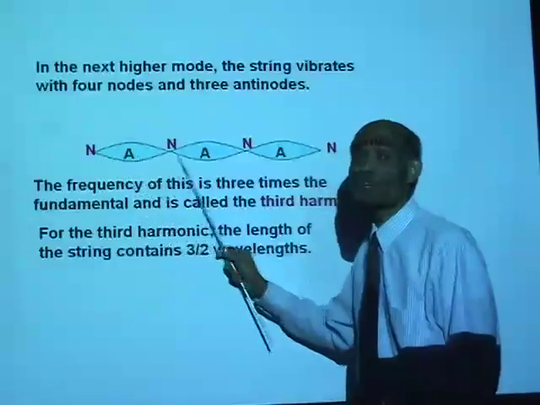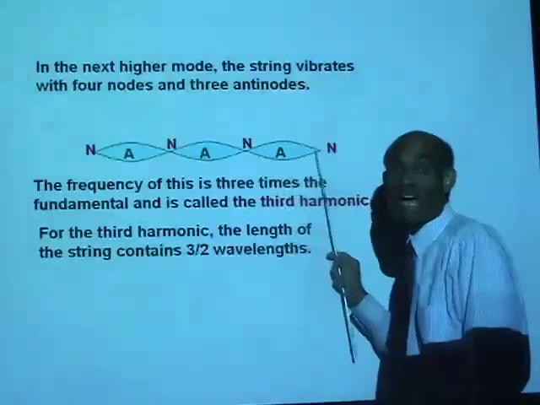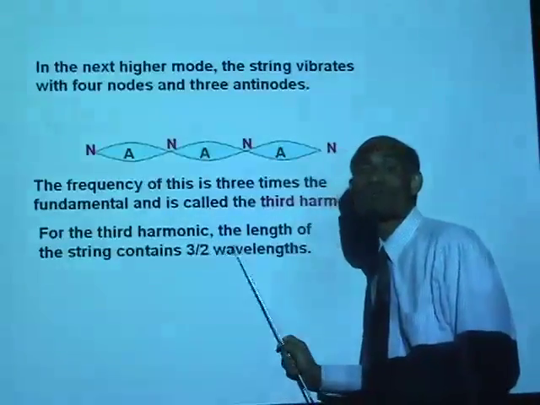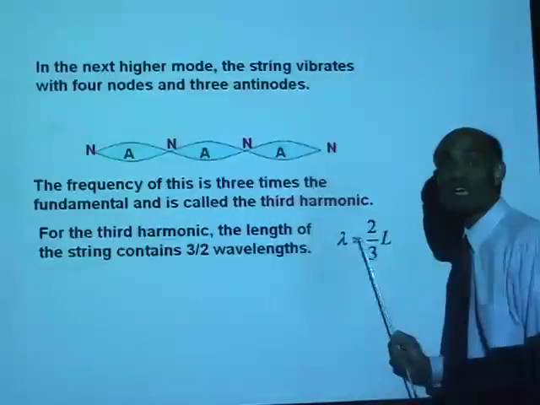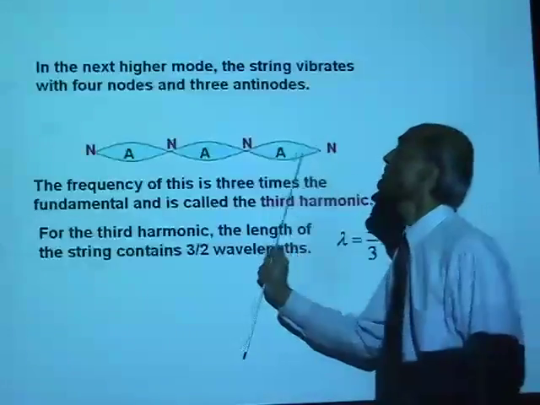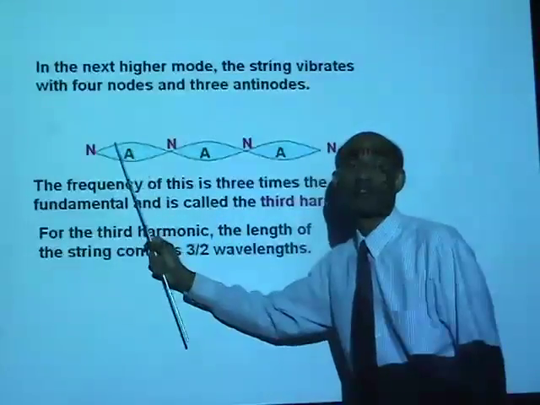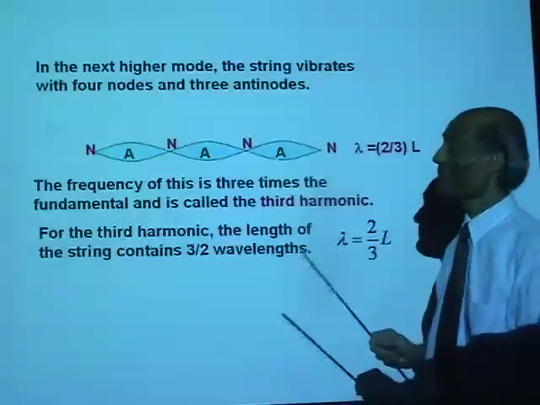So, the length of the string now contains a full wave and a half wave. In other words, it contains 3/2 wavelengths. That means lambda equal to 2/3 of the length. If this is the length of the string, wavelength is this, which is 2/3 of the length of the string.